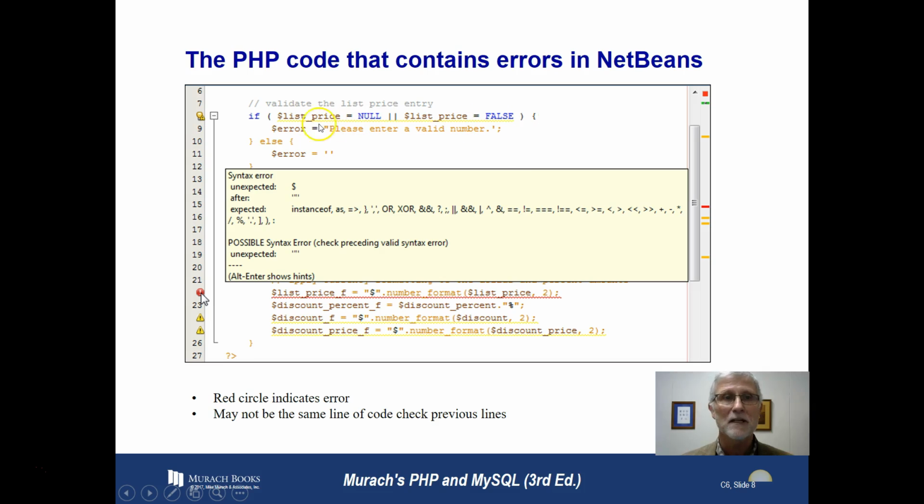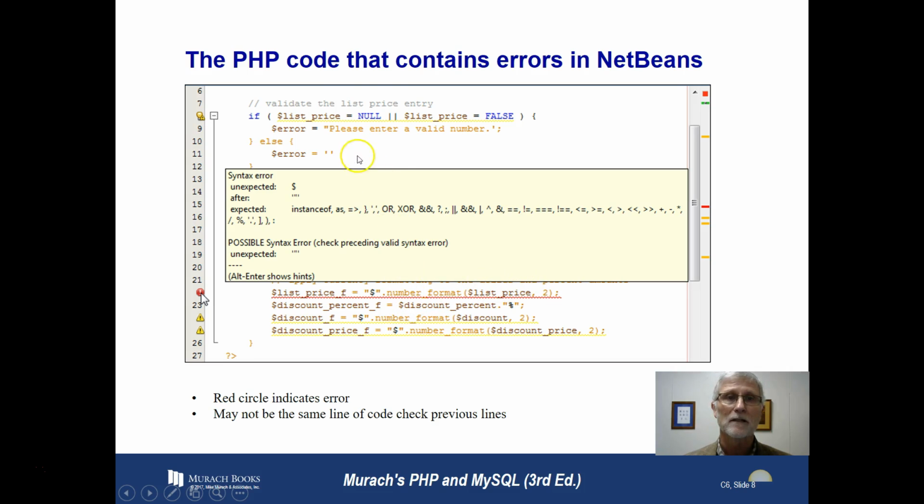So if you do it in NetBeans, you'd get an indicator that's an error. But now sometimes the problem, here's the statement that's got the problem, but the red circle here indicates you've got an error, and it lists the line of code where it first had trouble with this. Now, this statement might not be the one that's having the difficulty.